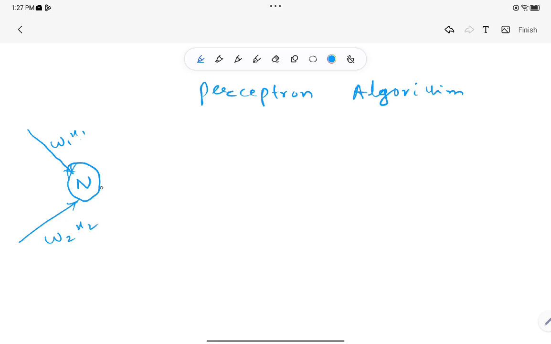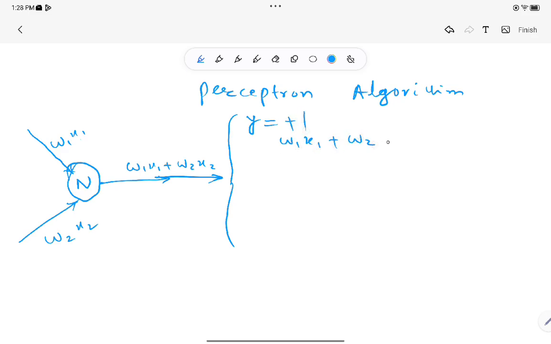The neuron sums these inputs up, W1x1 plus W2x2, and if the sum is greater than a threshold, then it outputs plus 1, provided W1x1 plus W2x2 is greater than the threshold. The threshold is denoted by minus b.